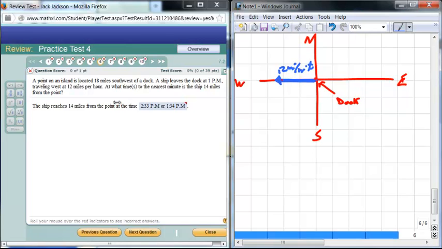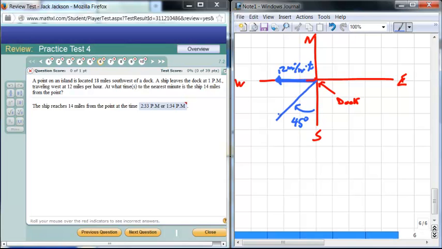Now, the point is 18 miles southwest. Now, they didn't give us an angle. So they could have said south so many degrees west, but if they don't give you an angle, it's exactly 45 degrees then for this angle. Okay?